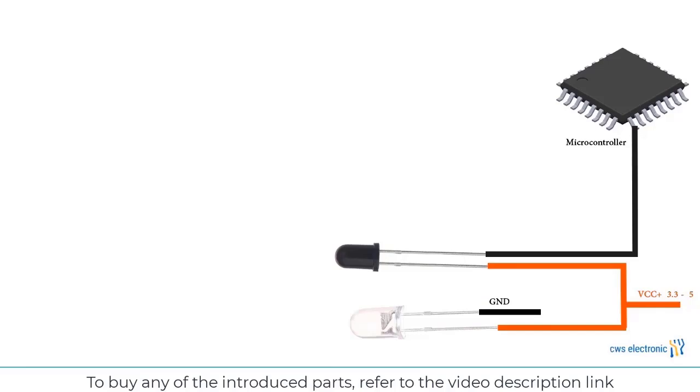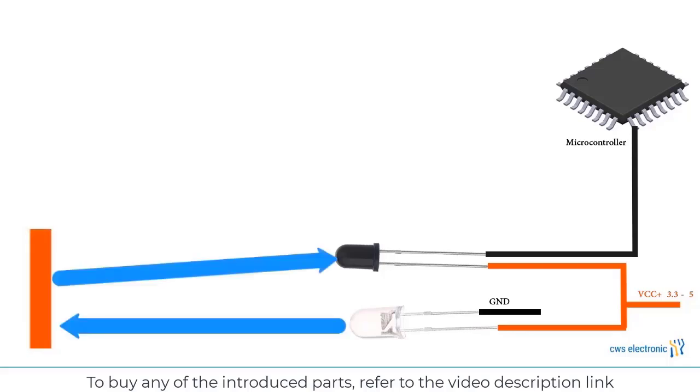A voltage is applied to the input of the receiver, the phototransistor, but it does not pass to the other side until the infrared light reaches it. On the other hand, the infrared transmitter LED is on and is shining light forward, which is not reflected as long as there is no obstacle in its path, but when there is an obstacle in its path, the light hits the obstacle and some light is reflected towards the receiver.